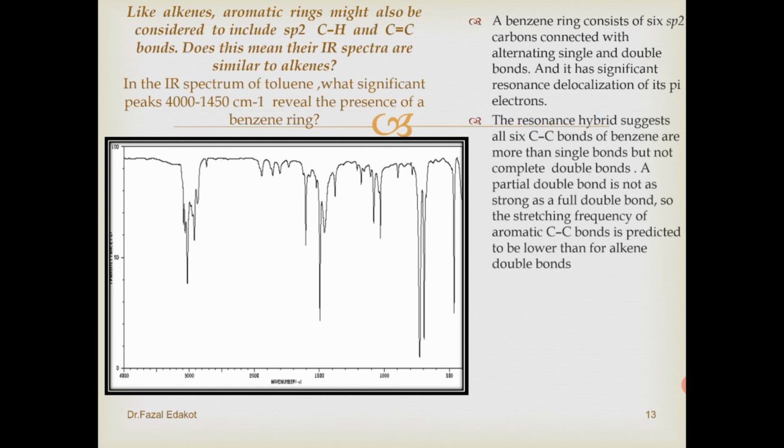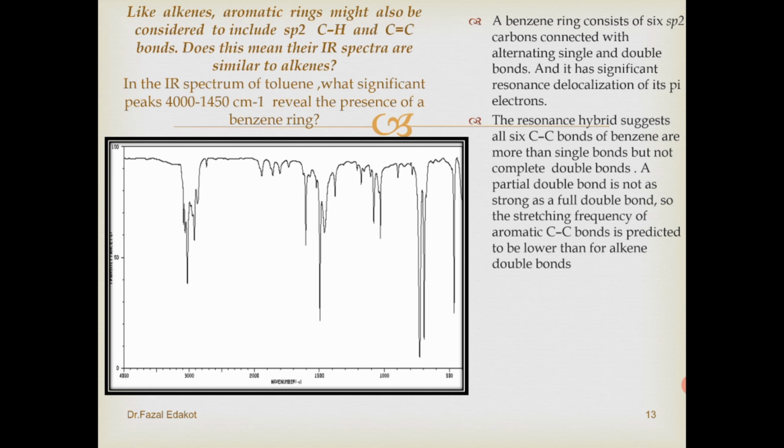The resonance hybrid suggests all 6 CC bonds in benzene are more than a single bond, but not complete double bonds. A partial double bond is not as strong as a full double bond. So the stretching frequency of the aromatic CC bond is predicted to be lower than the alkene double bond.